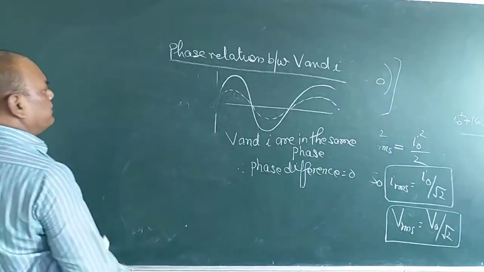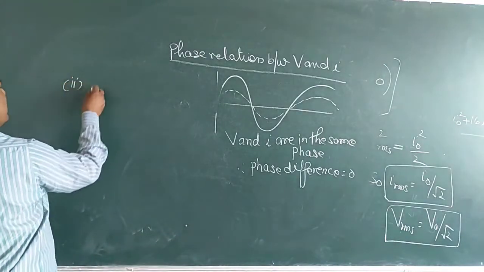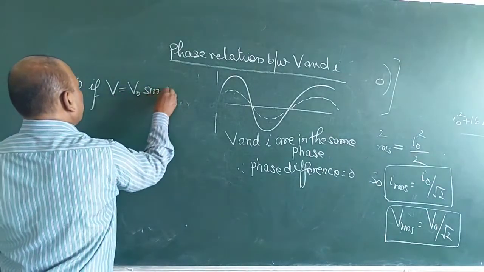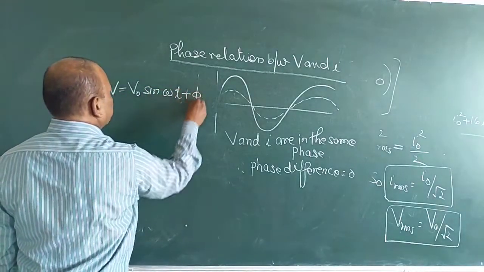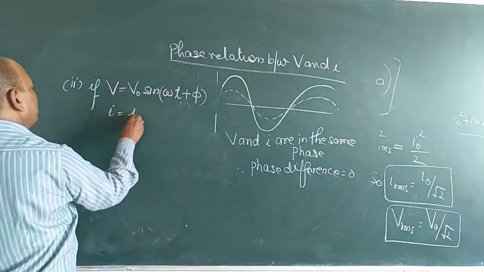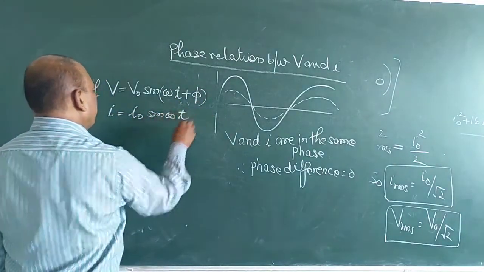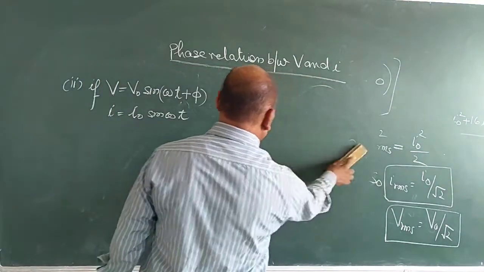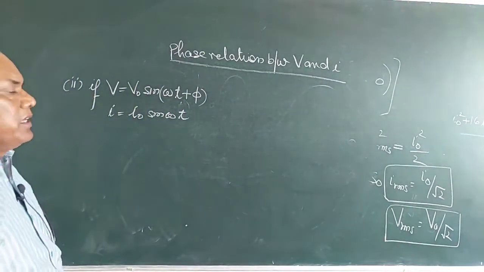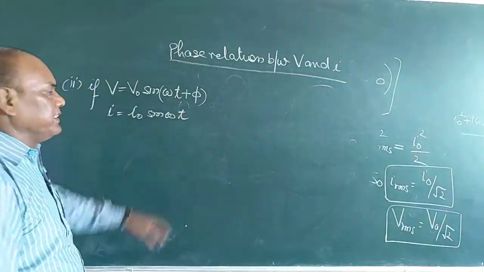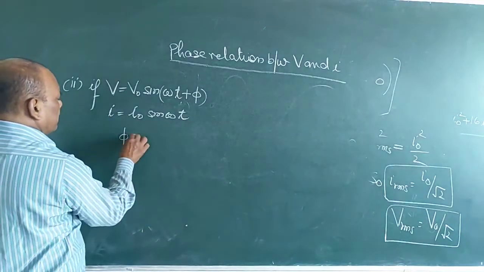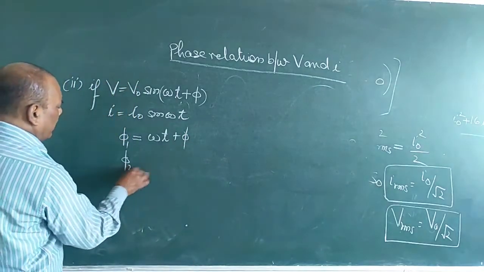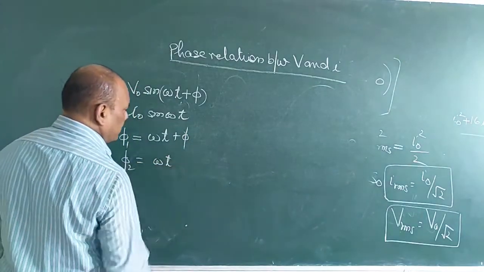Now the second point, if V is equal to V0 sin omega t plus phi and I is equal to I0 sin omega t. Here V and I are not in the same phase. If you want to find the phase difference, then phi 1 is equal to omega t plus phi and phi 2 is equal to omega t.